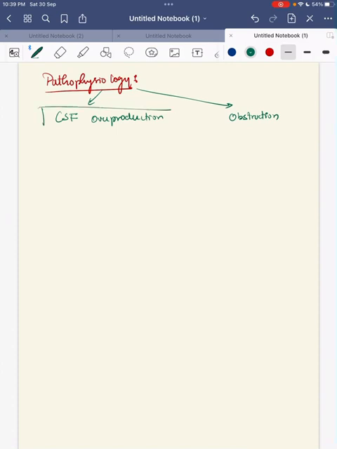What are the causes of CSF overproduction? One is choroid plexus tumor. For example, choroid plexus papilloma or choroid plexus carcinoma can cause CSF overproduction.